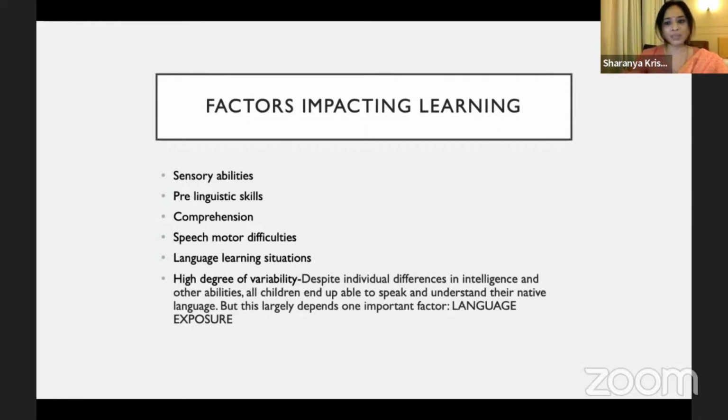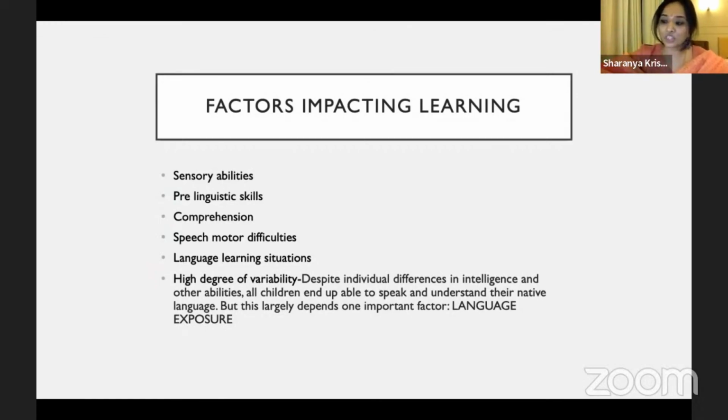Be it Marathi, Kannada, Hindi, Tamil, whatever it may be, children are able to pick up languages with different levels of intelligence and other abilities. Somehow they end up doing it. But this largely depends on one important factor, which is language exposure. Are you exposing the child to enough language?